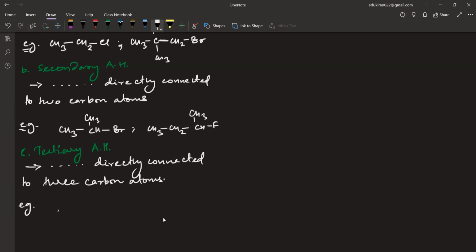Example: CH3C(CH3)(CH3)Br, let us say. These are like this: R carbon, some R dash, some R double dash. It can be the same or different also, and some halogen. This is tertiary alkyl halide. Clear to everyone? Yes or no? Please tell me. Yes, sir.